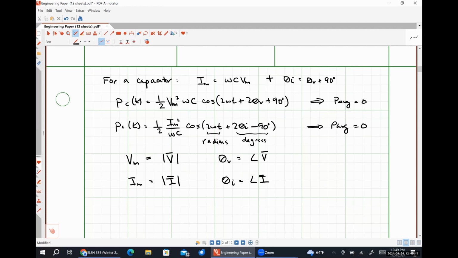So if you're going to numerically evaluate a problem like this, you either need to convert 2 omega t into degrees, or you need to convert the twice theta I and so on into radians in order for your calculator to be able to handle that. Because if you mix up the units, you're going to get garbage out, right? So you just need to be consistent. Doesn't matter if you use radians or degrees, but it's one or the other, definitely not both at the same time. Okay.